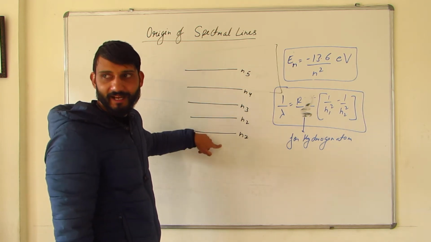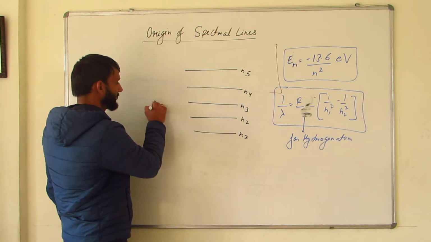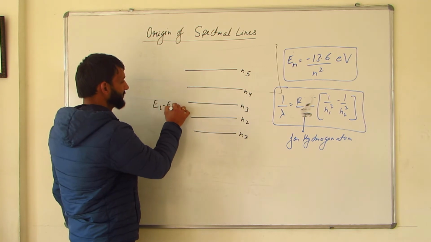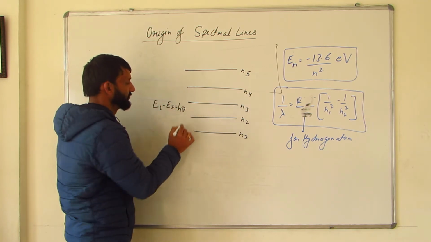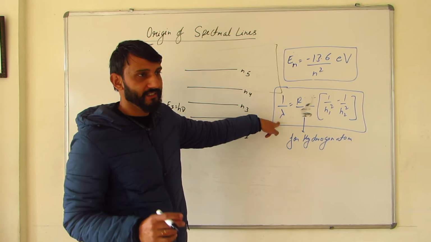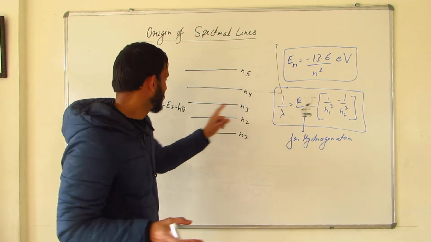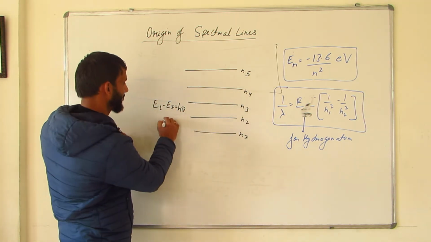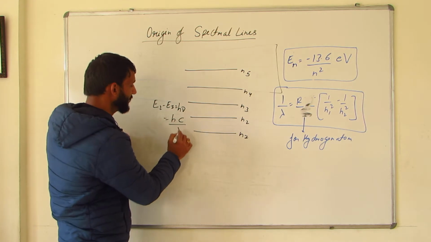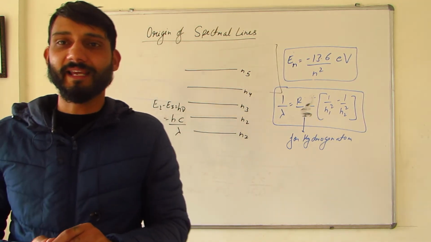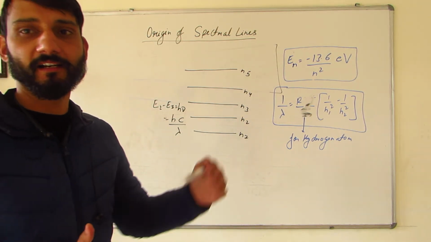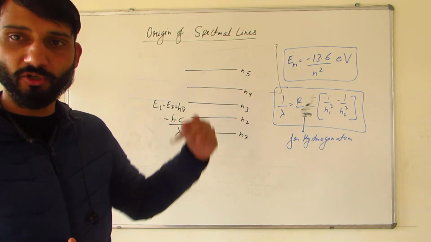When it comes directly here, this difference in energy is equals to h nu, or hc by lambda, so let us talk about the wavelength or the frequency. This wavelength or frequency is emitted by the electron because it is coming from the higher orbit to the lower orbit.